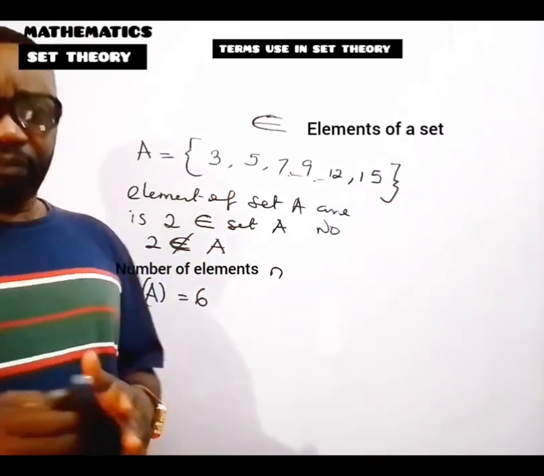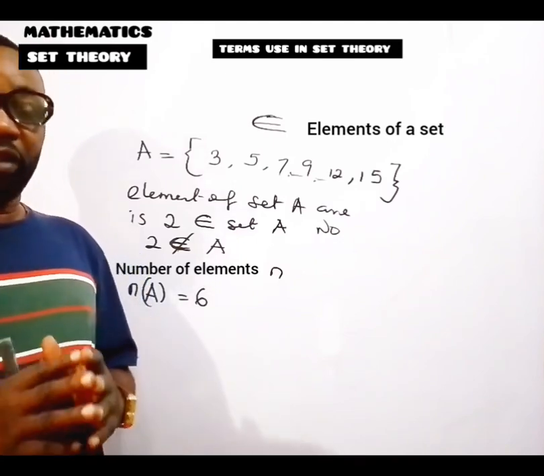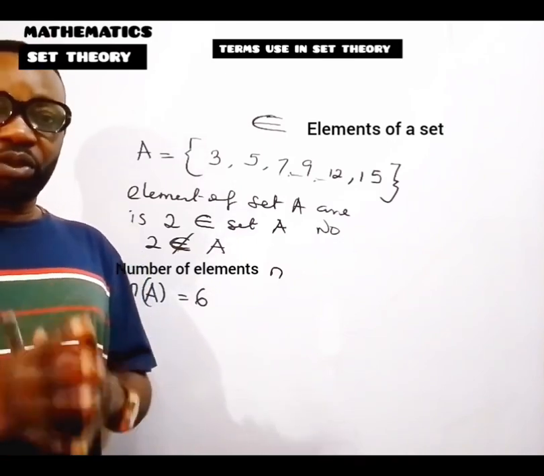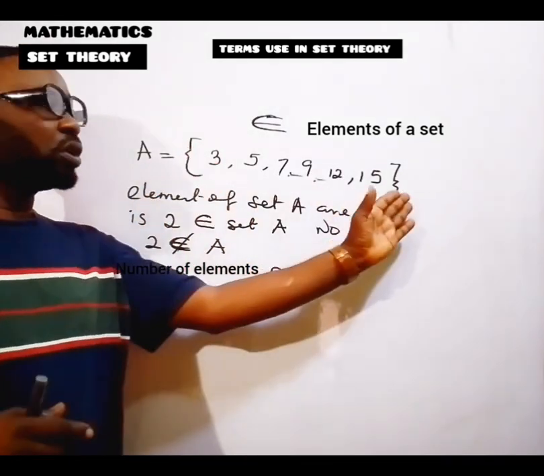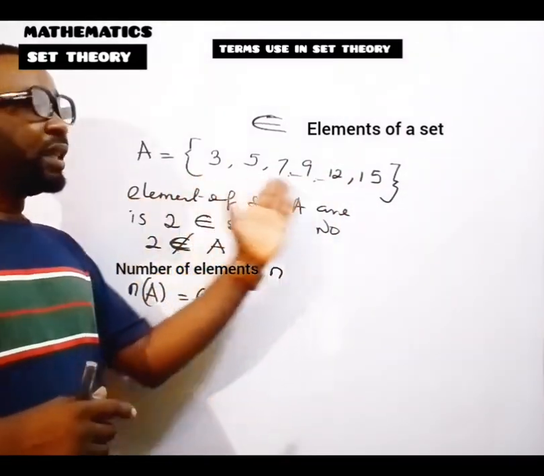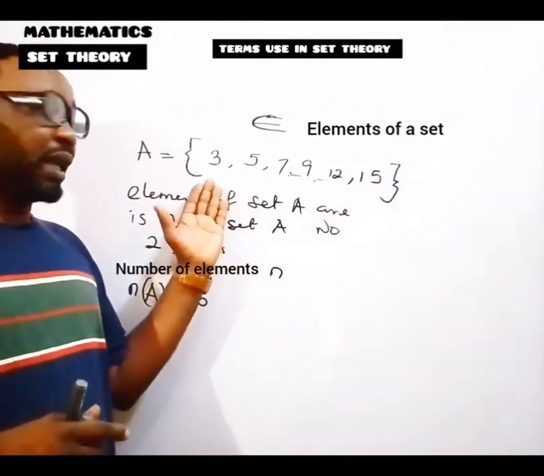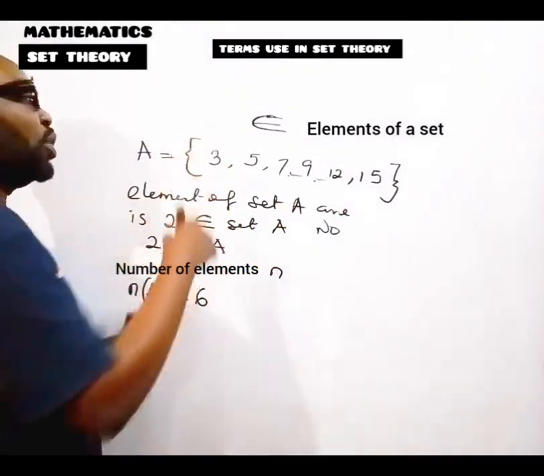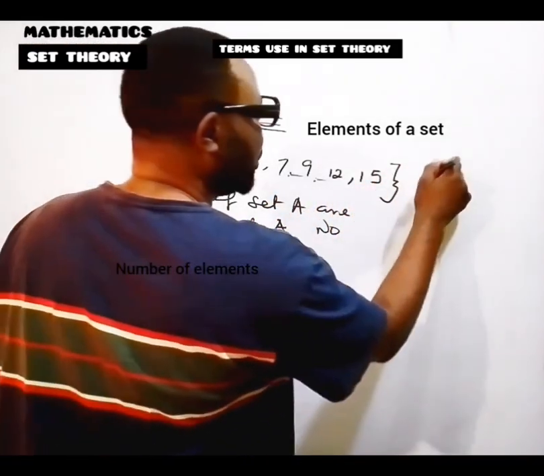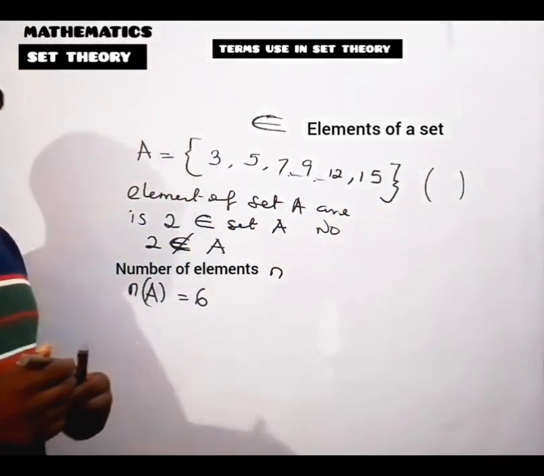Now, another thing I would like you to take note of, and you have to put into your consideration, is that this symbol here is what is used in defining an element of the set under consideration. You must not make use of this kind of symbol here.